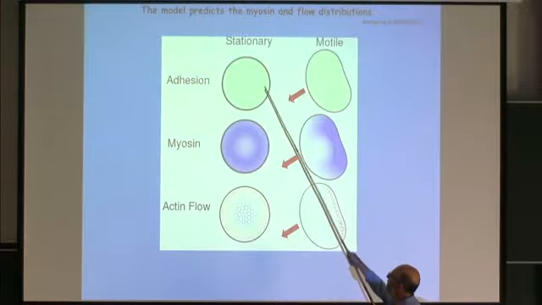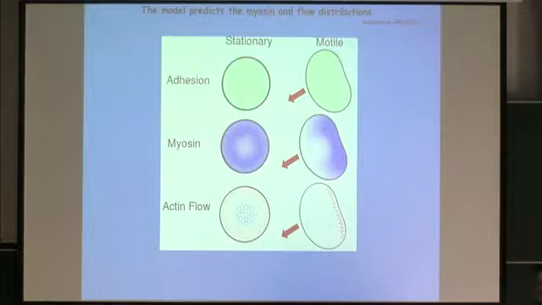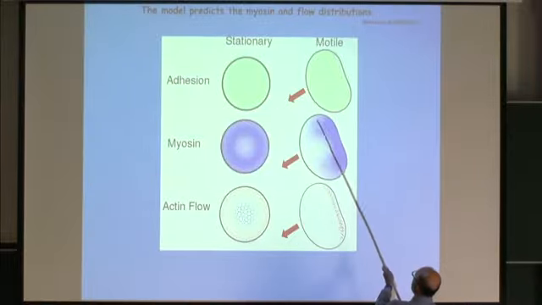So it's a very simple result for the cell which is symmetric and sitting on the surface, and for the asymmetric cell which is moving. The key thing is that myosin is stockpiled at the rear, and that's very easy to understand. If you are an observer sitting on the moving cell, what you see is how the actin network goes away from the front to the rear. And this flow blows all the myosin to the rear. That's why it's stockpiled there.